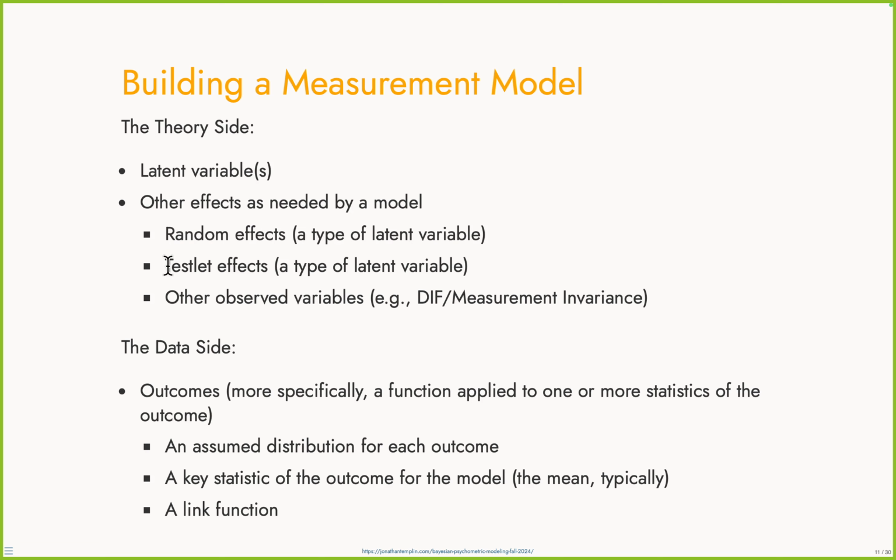Similarly, testlet effects may show up. Testlet effects are often coded as some type of random effect as well. And a testlet effect is an effect we're trying to control for where items may have dependencies beyond just the latent variable. For instance, if you remember any of your assessments from high school or junior high, a reading test would often make you read a passage and then ask you several questions about the passage, almost like reading comprehension.